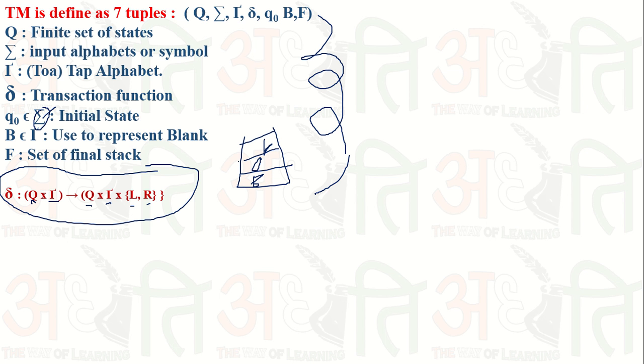Another advantage over pushdown automata and finite automata is that they move in only one direction, but a Turing machine can move in both directions, left or right. And it is a tuple of seven symbols, which is represented over here, along with its transition function. So that was the Turing machine.